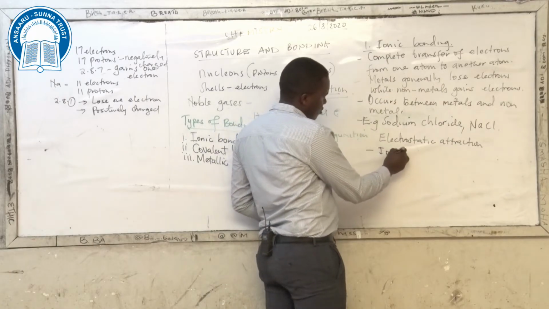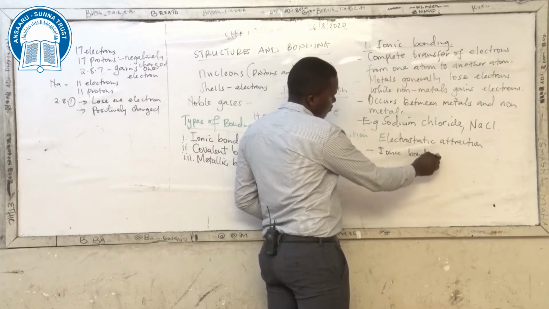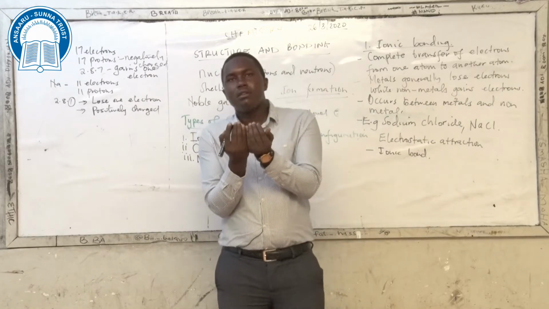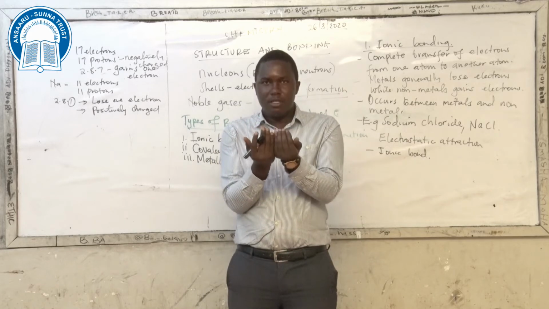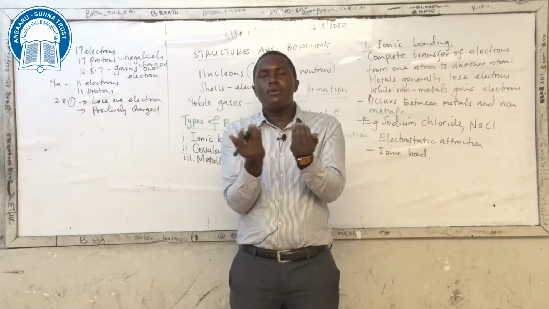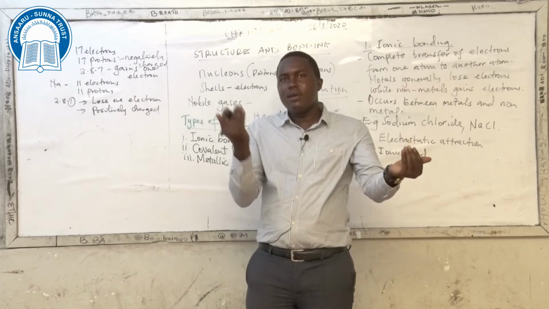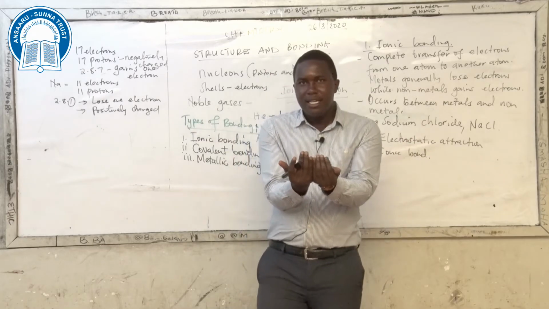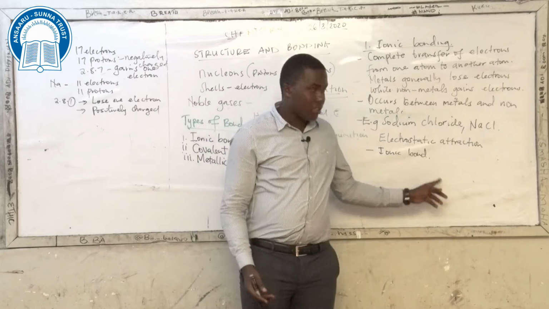Ionic bond. Because it is attraction between two ions of opposite charges, one positively charged, the other negatively charged, there will be some attraction between those two ions, forming ionic bond.